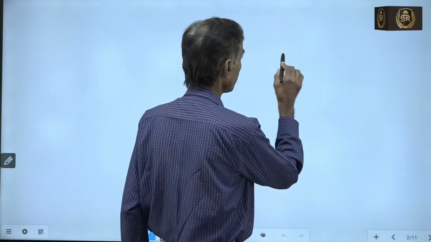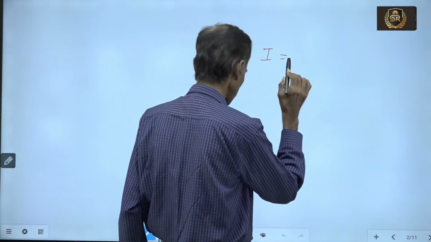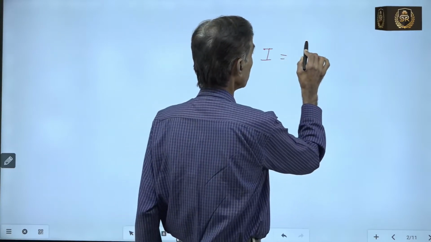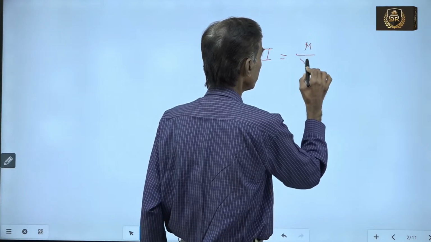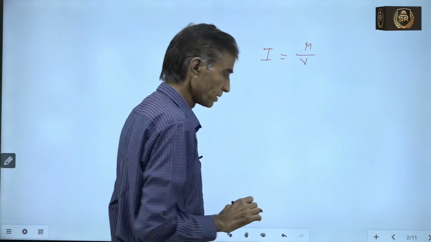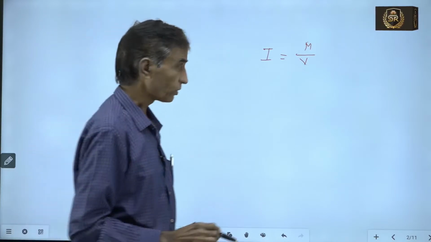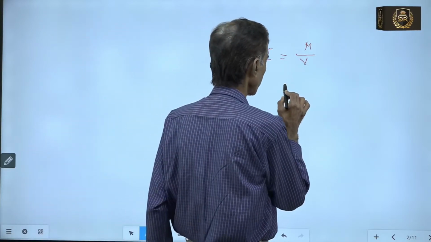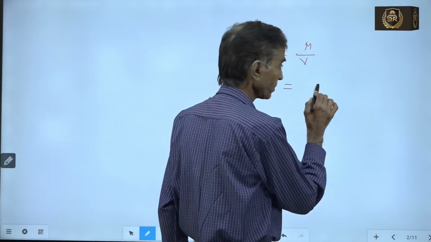So what is the formula we have? I is equal to M by V, isn't it? Magnetic moment by volume. So what is volume? Mass by density, you know.